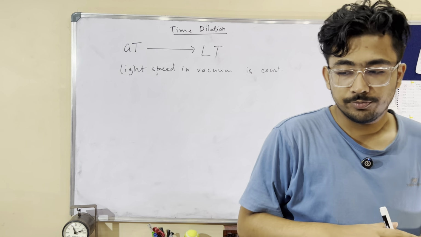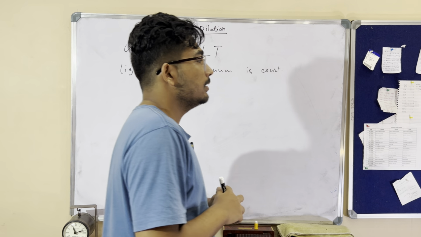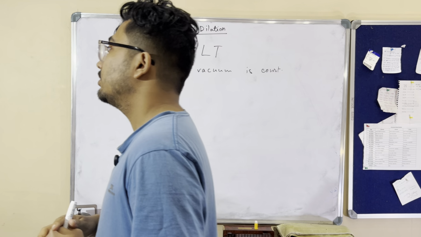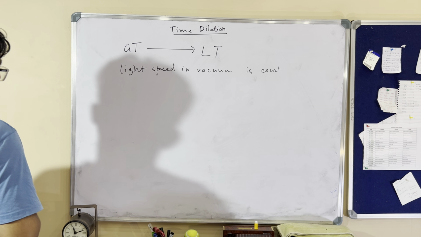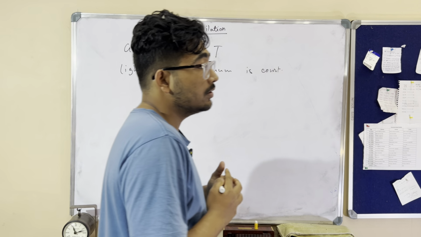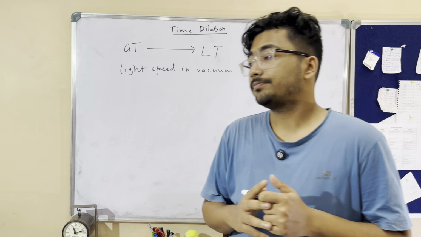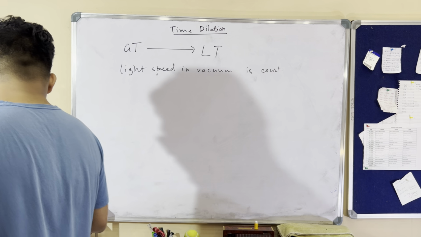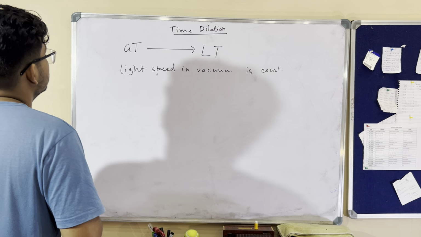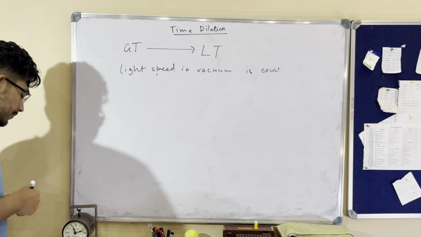For objects moving at velocities which are not light speed but somewhere below light speed, there will be some more consequences, and one of them is time dilation. I will be giving a brief introduction of time dilation in this video.